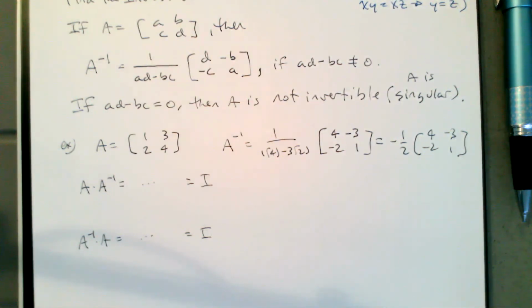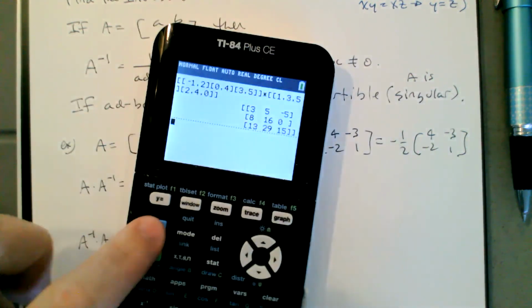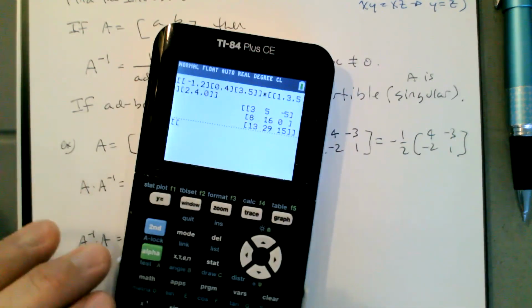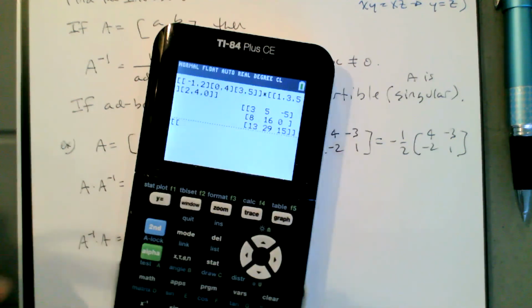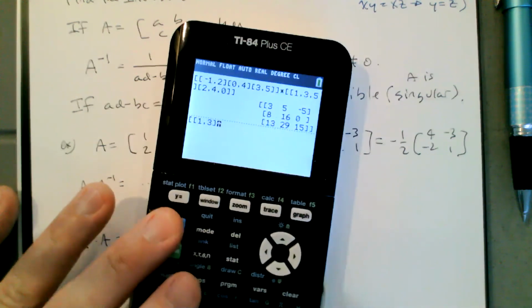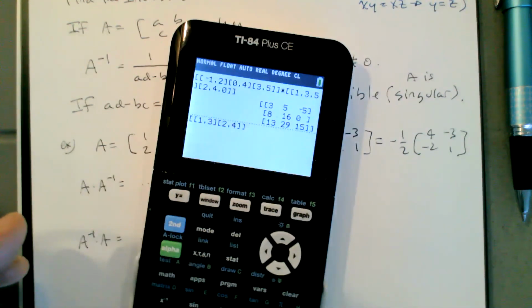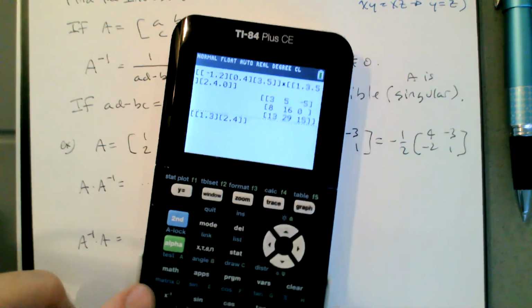Another way to find the inverse of a matrix is to use your machine. So I have the matrix, 1, 3, 2, 4, and we're going to use the same notation. We use the to the minus 1 button.